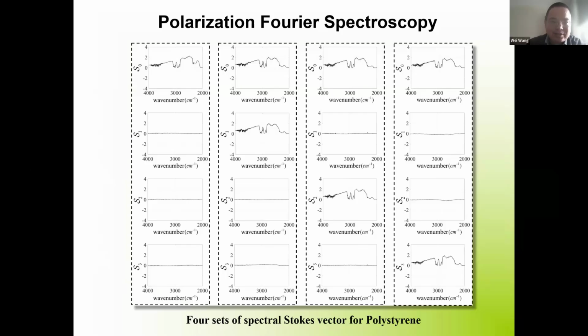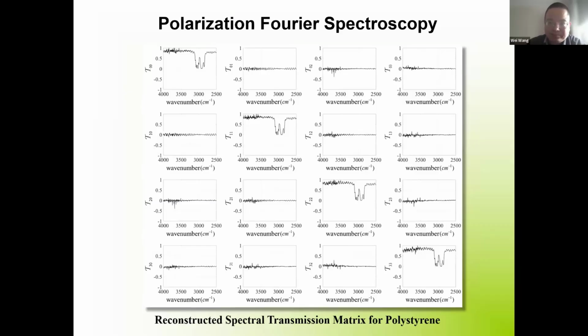Here is the experimental result. Each column represents the spectral Stokes vectors, and once we modify the light for the illumination, we have different reconstructed spectral Stokes vectors. Through this result, we are able to reconstruct the desired spectral transmission matrix for this particular sample.